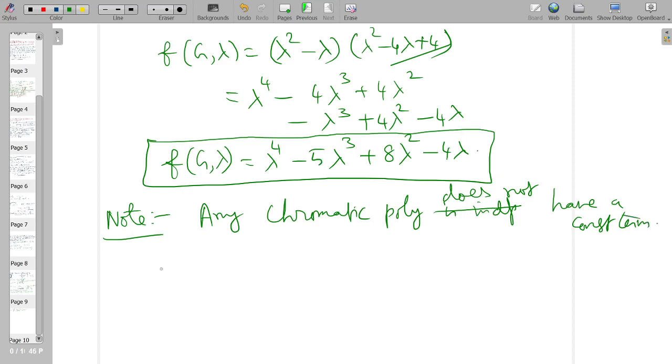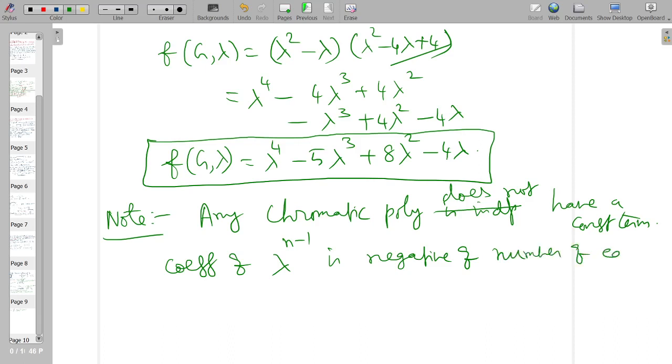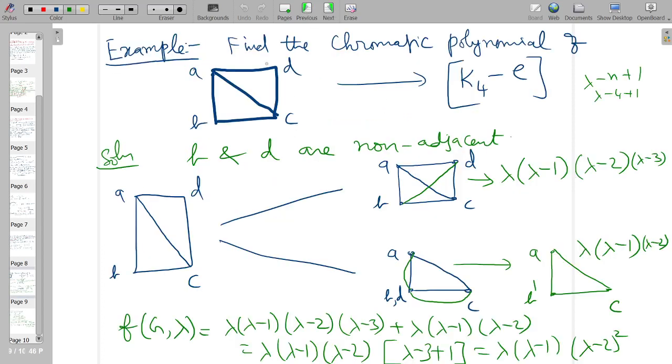The second note would be the coefficient of lambda power n minus 1 is the negative of the number of edges in graph G. You could see here I have minus 5. So the number of edges in the graph G is 5.